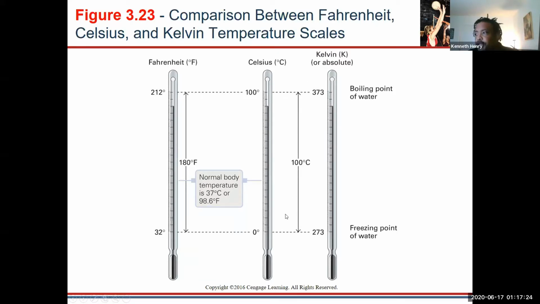The difference is 100 degrees from freezing point to boiling point. The difference here is also 100 degrees between 273, which is our freezing point, to 373, which is our boiling point. Now it isn't the same in this context. So the difference isn't the same. And that's going to be important later on when we start talking about heat and energy. And that's the reason why we always have to convert to Celsius or Kelvin when we do those things.